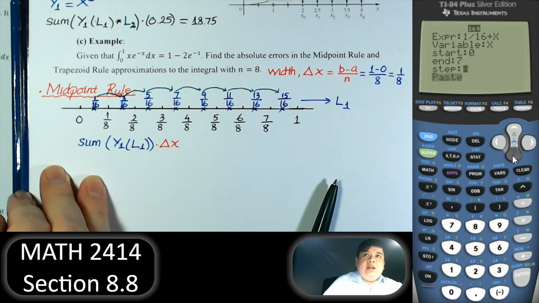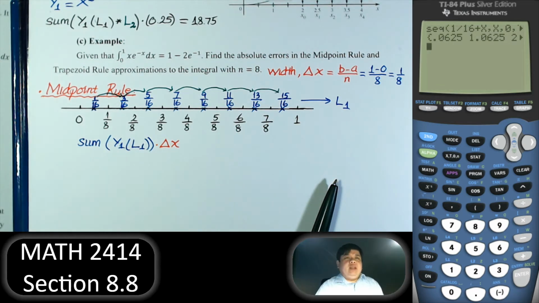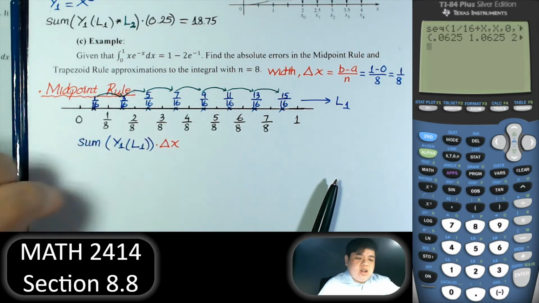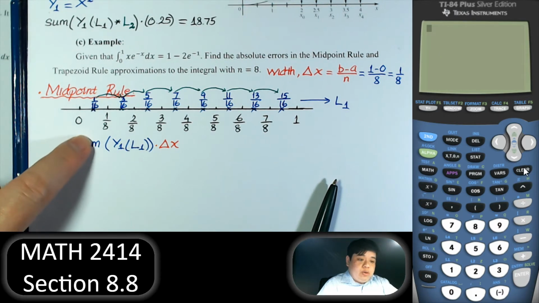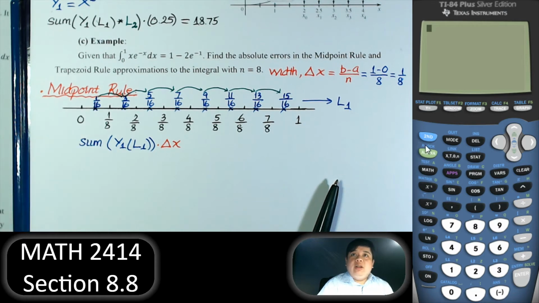So just paste, and we have the same thing. Like I said, I'm not sure if it's worth it, just type everything. Right, so we have list 1 there, right? And then we just need to do this for the midpoint rule. Summation, second stat, go to math, option number 5, summation.